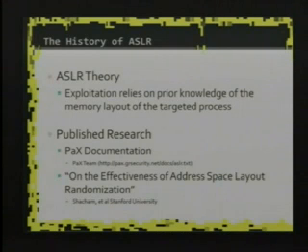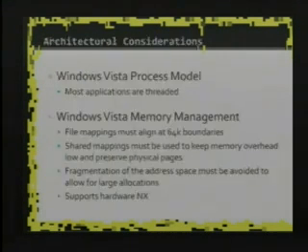With those two things in mind, the model implementation of PaX and the counter study of the effectiveness of ASLR, Microsoft took those into account in designing their implementation. Along with that, they also had to consider the operating system they're building upon, the actual architectural considerations. In Windows, most applications are threaded as opposed to forking.